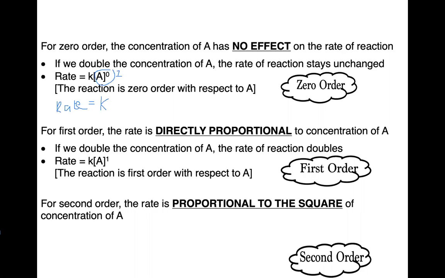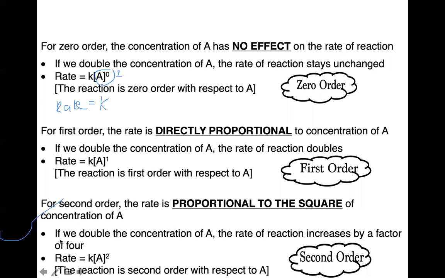The last one is second order. For second order, the rate is proportional to the square of the concentration. It's proportional like your first order, but it's not directly proportional. What do I mean by this? If I double the concentration of my reactant A, the rate of reaction will increase by 4. Why?